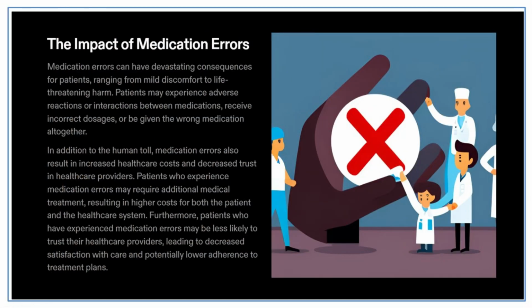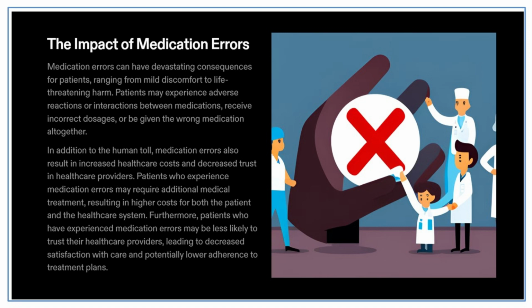So, the impact of medication error. Medication error can have devastating effects as already explained. The patient may experience adverse reactions or interactions from the medications he is already taking. He can receive incorrect dosages and can be given the wrong medication altogether. In addition to the human toll, medication error can also result in increased healthcare cost as well as decreased trust in healthcare providers.